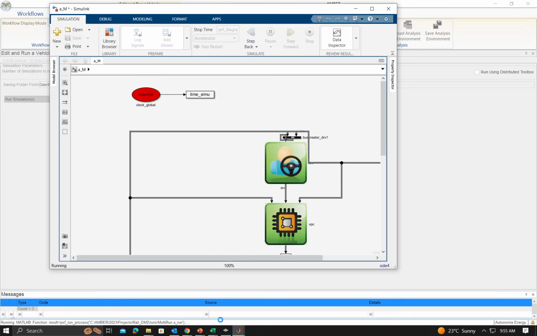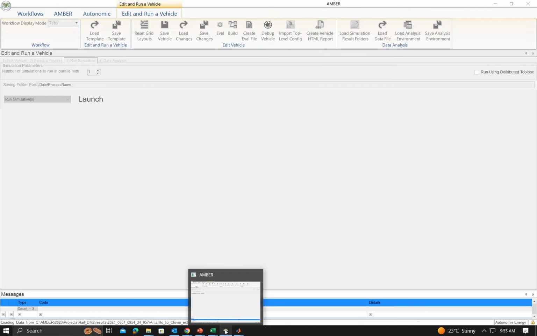So we can compare the results side by side in Autonomie, and I'm hoping for it to travel maybe more than 40 miles. Okay, so the simulation is done.